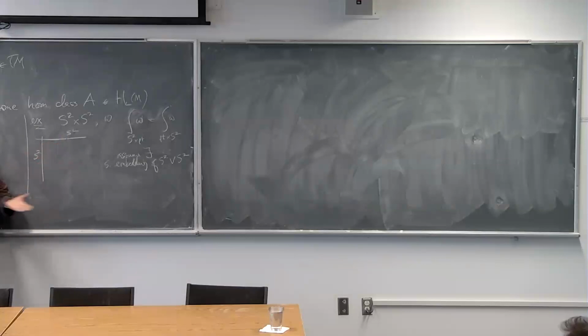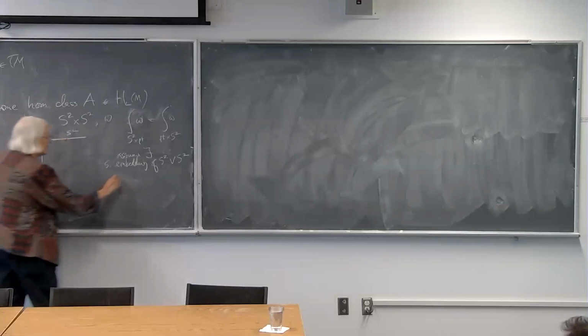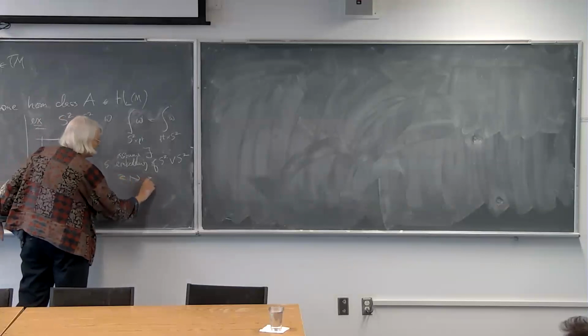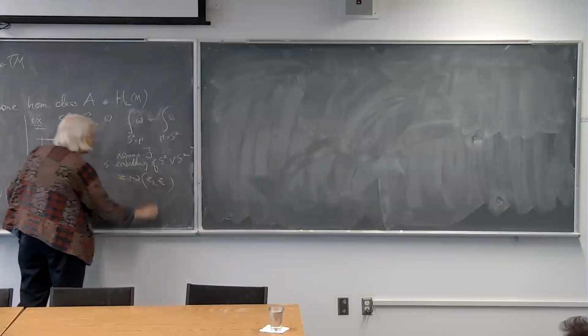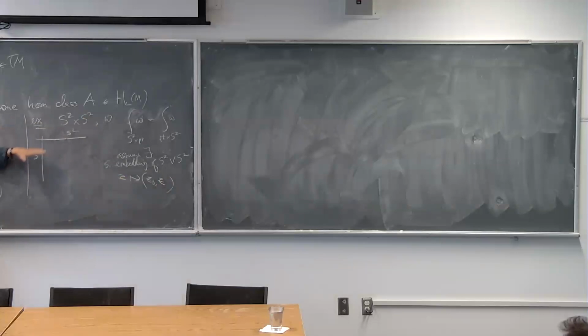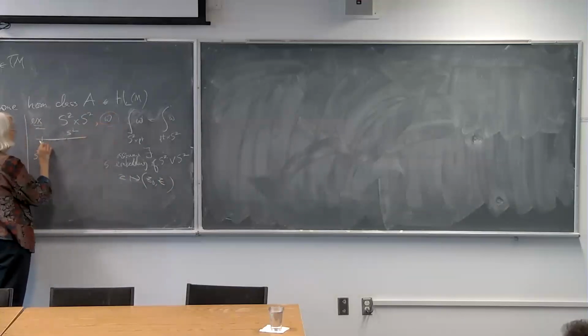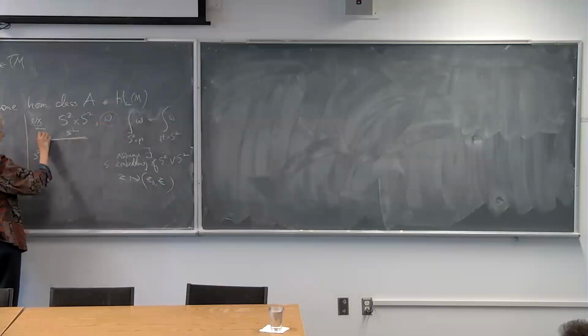And basically all area forms, if you fix the area, are diffeomorphic. So there's no invariance there. You could just assume these are completely standard S2 parameterized in the obvious way, and then you assume that the form you have here restricts to the usual area form on each.